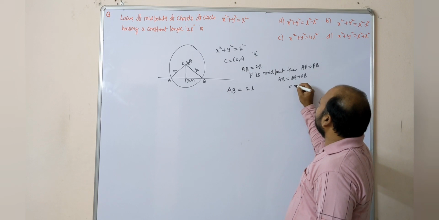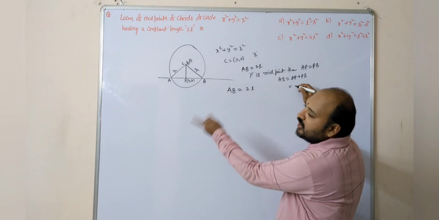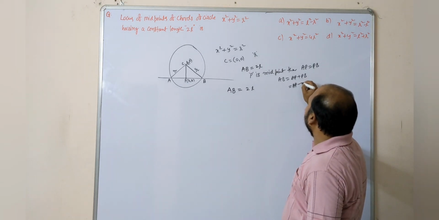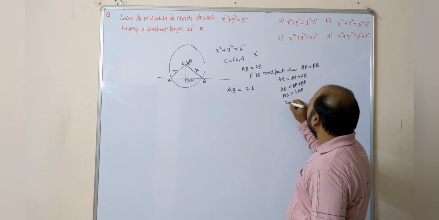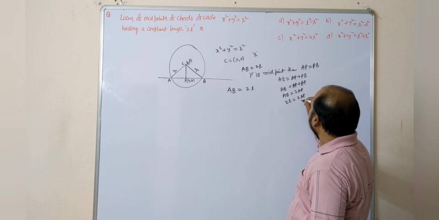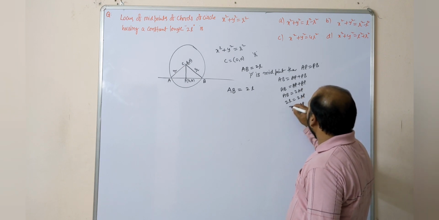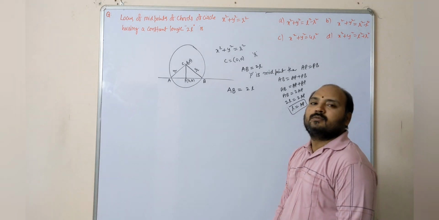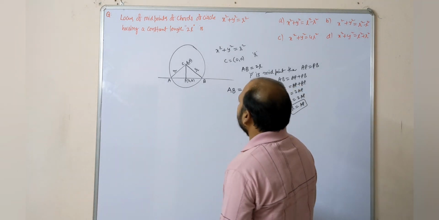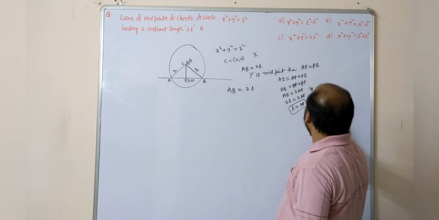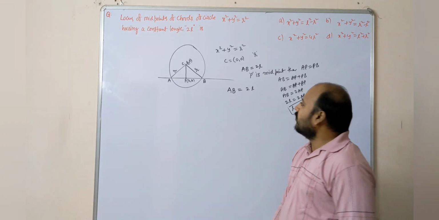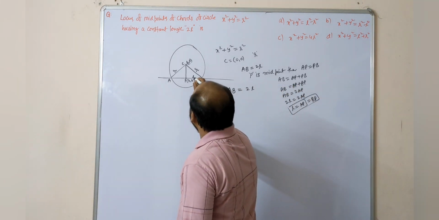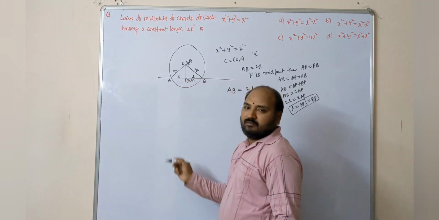Since these two are equal, either PB or AP you can write. So AP plus AP, so AB is equal to 2 times AP. So 2l is equal to 2AP, l is equal to AP. So we got the AP value, and BP is also the same. From here to here is l, from here to here is also l.